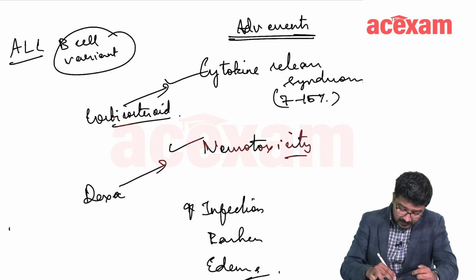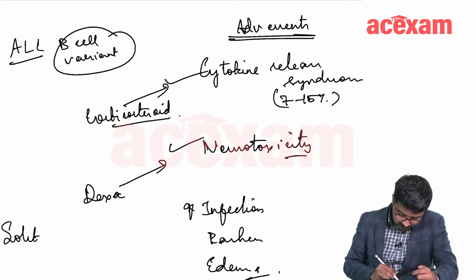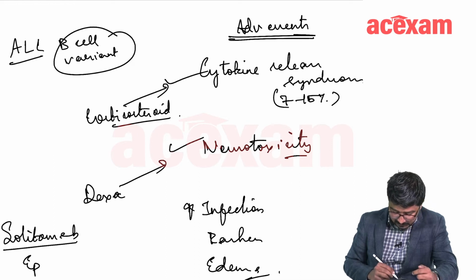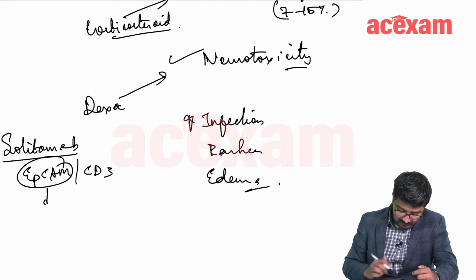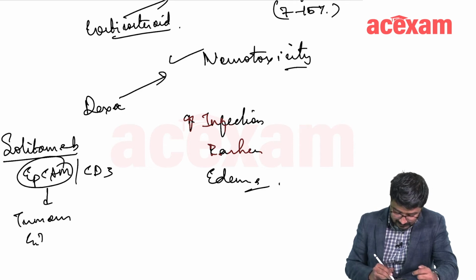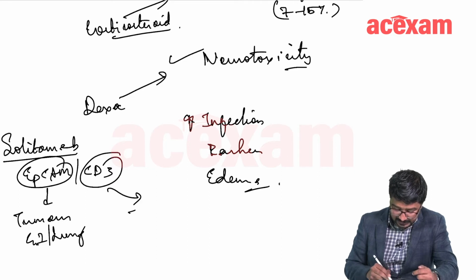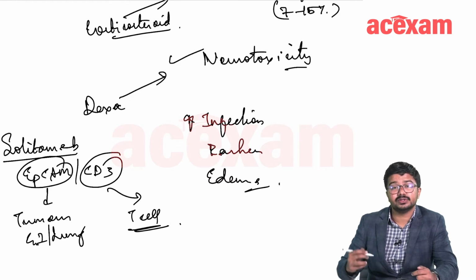The name is solitomab. So this is an EpCAM CD3 drug. The EpCAM is for the tumor, over here it is the GI or the lung cancer, and CD3, as you all know, is a part of the T cell. So it links between these two.